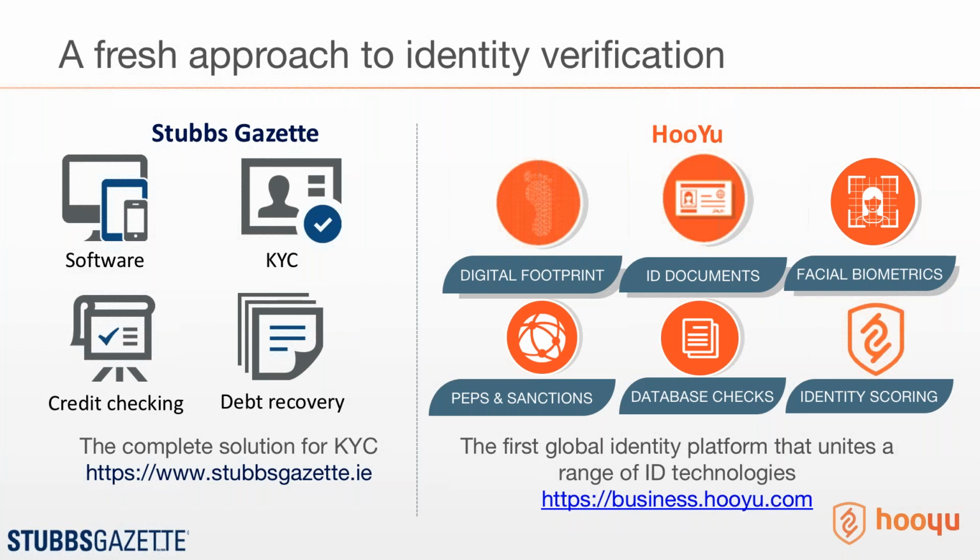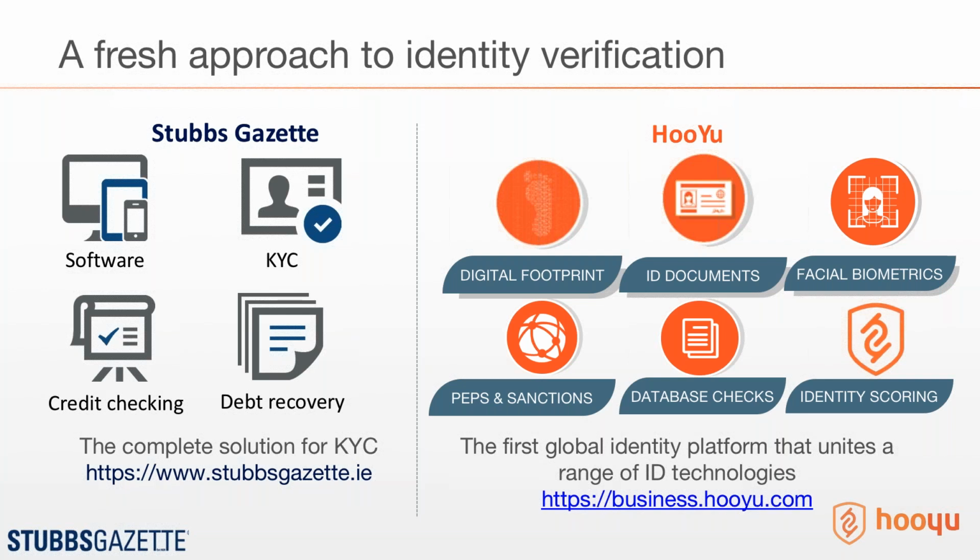In terms of HooYu, we're an identity verification company that combines lots of different identity technologies. There's obviously lots of different identity companies out there, but they all do something different. You have some companies that do database checks, some companies that do PEPs and sanctions, some companies that do analysis of digital footprints or social media profiles, other companies that do document validation.